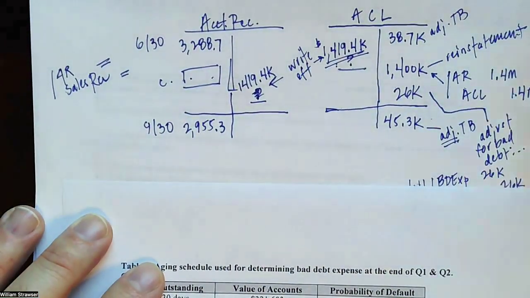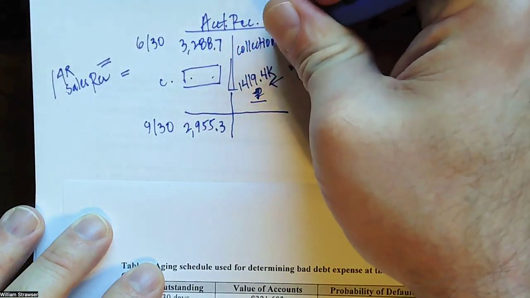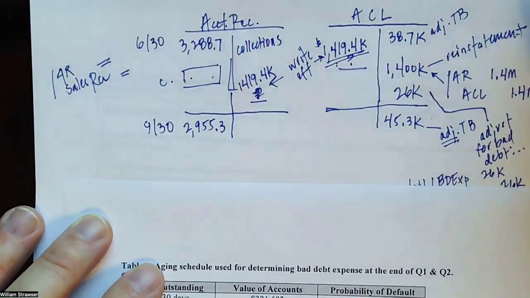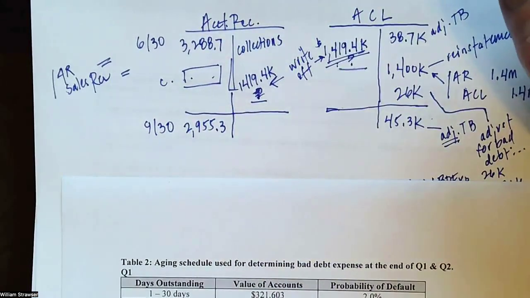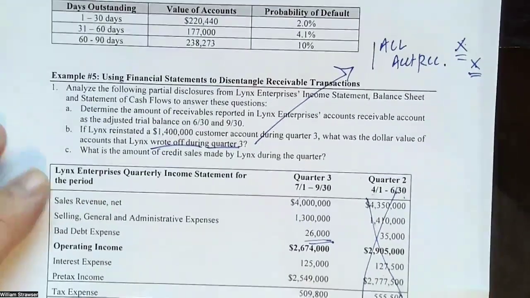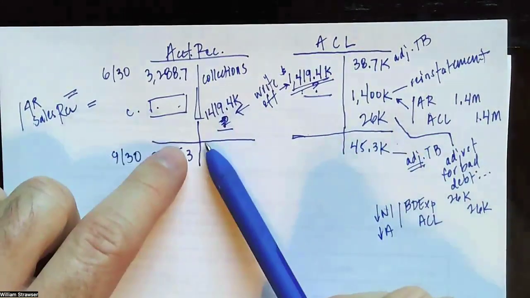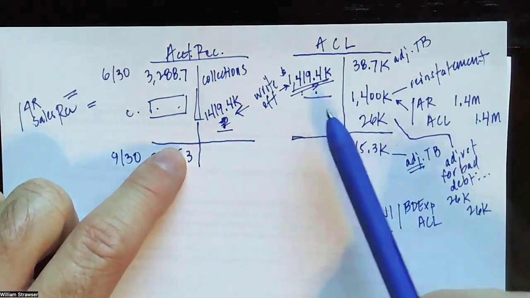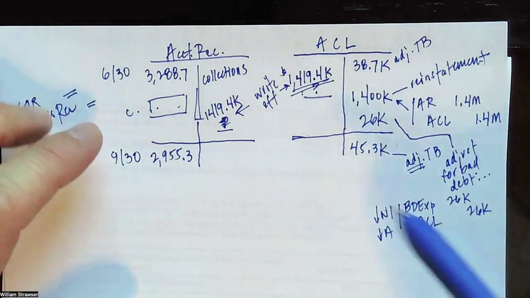But what else do I have to consider? I have to consider collections from customers, any cash I got from my receivables. I also have to consider that write-off, which landed in there, any reinstatement and recovery amounts. I have to consider any amounts that I might have recovered from the reinstatement, but it looks like I have recovered all of my reinstated accounts.